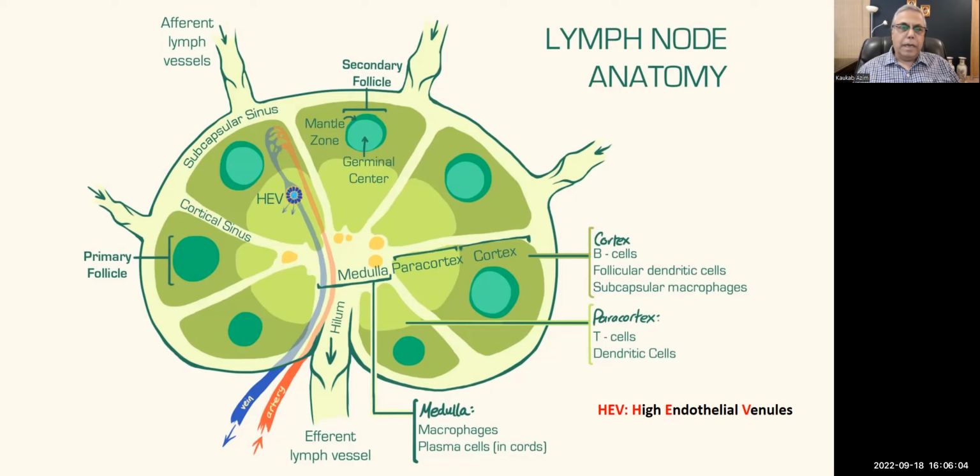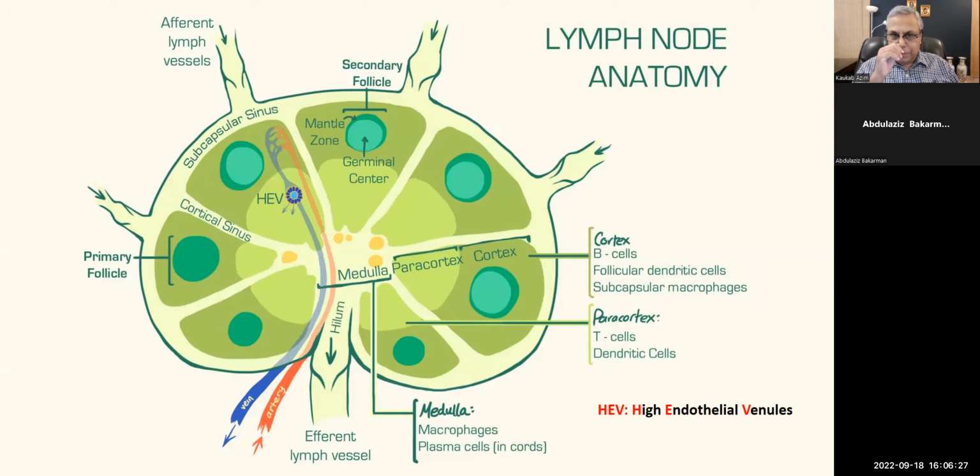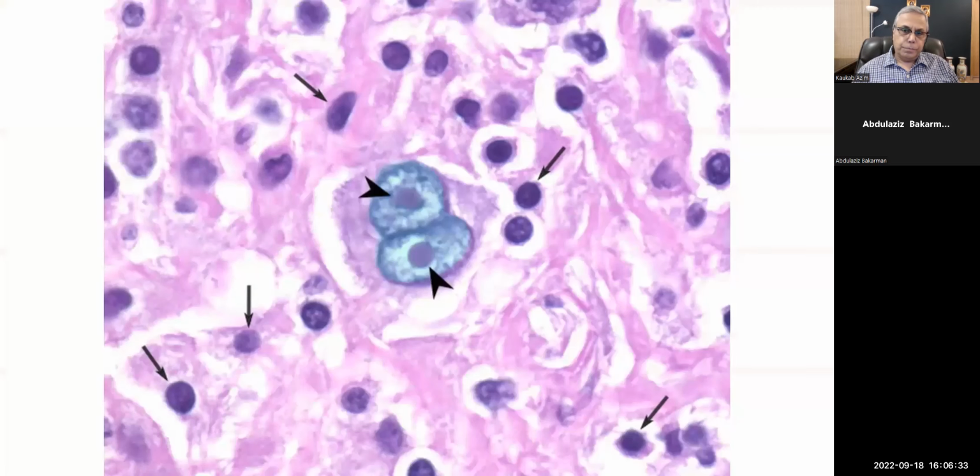It also shows you the arteries, because the cells, when they're formed in the bone marrow, are released into the bloodstream and come through the arteries, and they exit the veins through what are known as high endothelial venules. Okay, that's where they exit. Also in inflammation, the immune cells extravasate from these high endothelial venules.